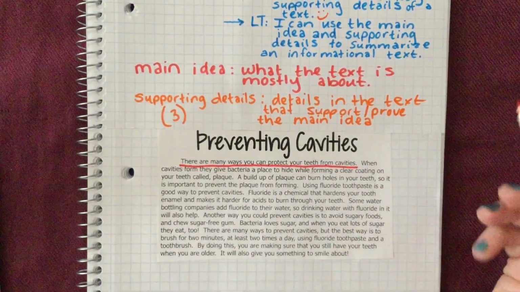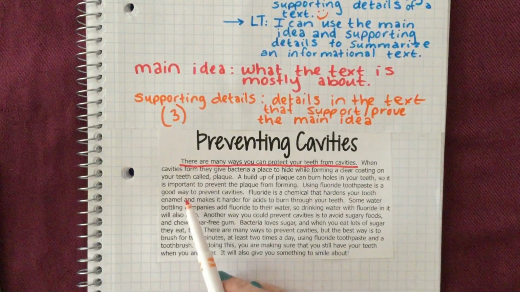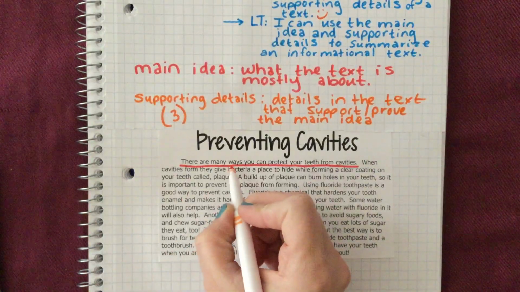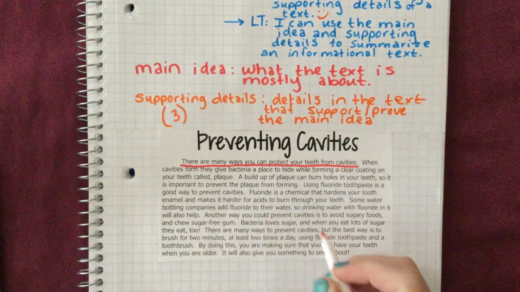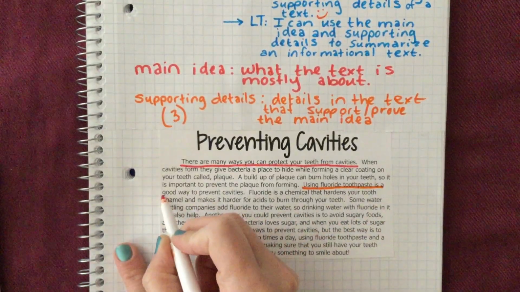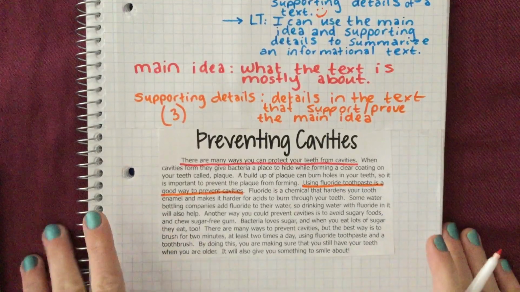So let's look at the next one. Using fluoride toothpaste is a good way to prevent cavities. Oh my gosh, we know it's a way you can protect your teeth from cavities because it says it right there. Using fluoride toothpaste is a good way to prevent cavities. Look at that.